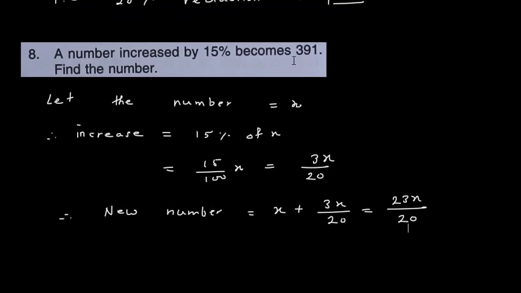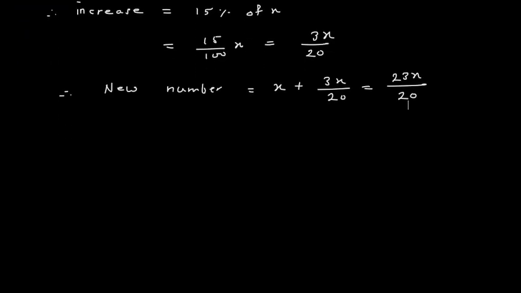Now it is given that this new number is 391. So we will say that 23x divided by 20 will be 391.